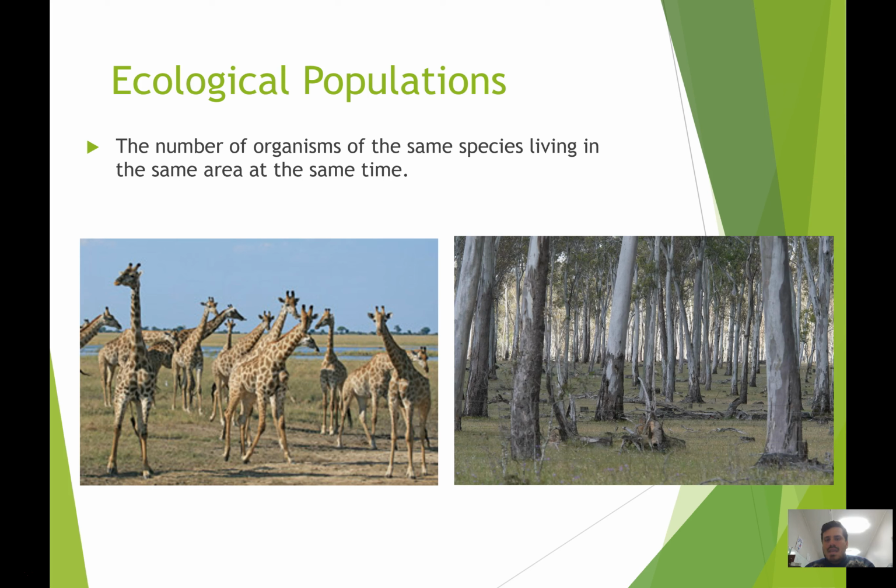And this might be a population of giraffes that live in and use a specific watering hole, for example. All right, and that population of giraffes, we would count those individuals and they would form a population. But also, we could claim to be a population the specific eucalypts, which are these trees that are in a specific area, for example, in the wider Glenelg Basin area.